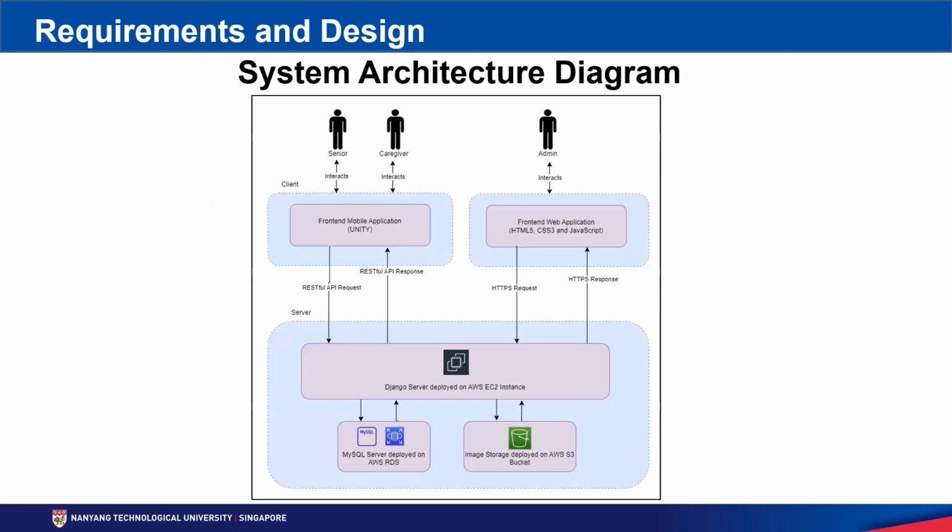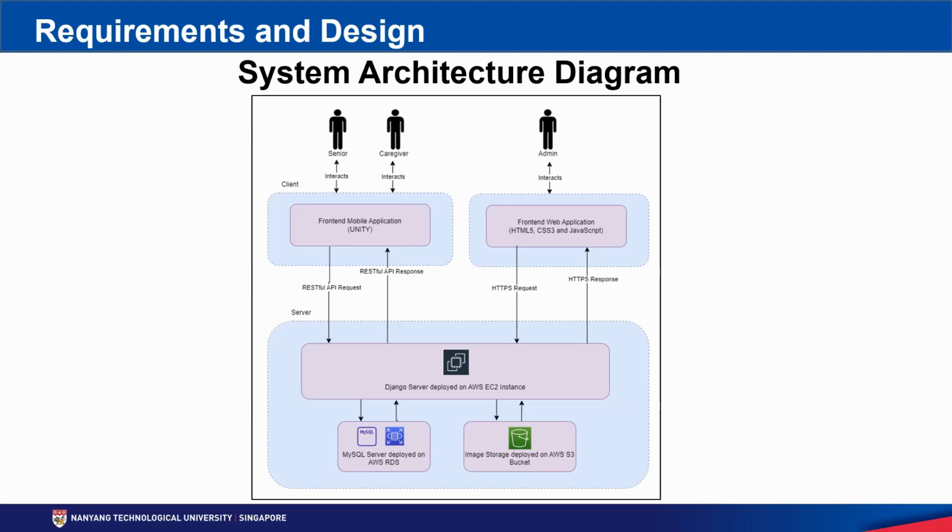This is the system architecture diagram of the application. There are 3 main components. The first component is the front-end mobile application, which is developed using Unity. The second component is the front-end web application, developed using HTML5, CSS3, and JavaScript. This front-end web application refers to the administration portal that I have mentioned earlier.